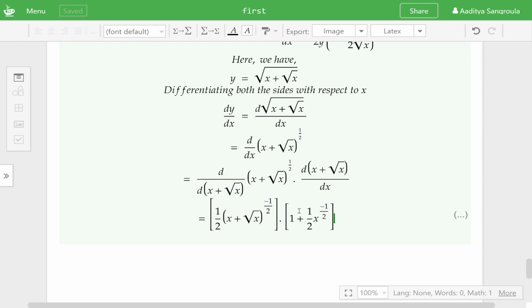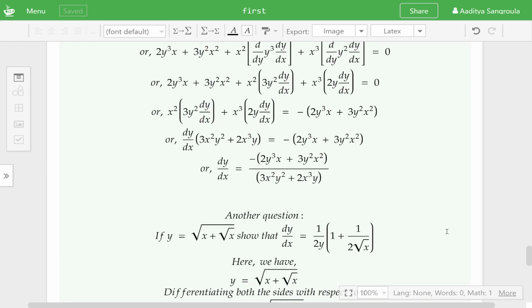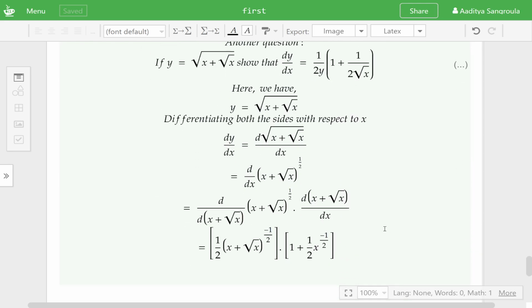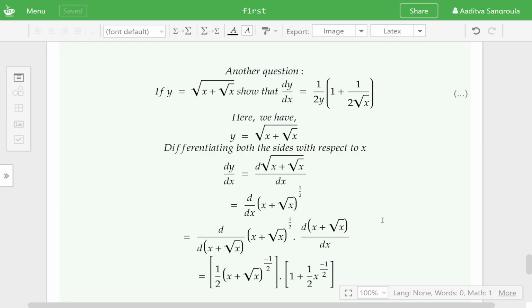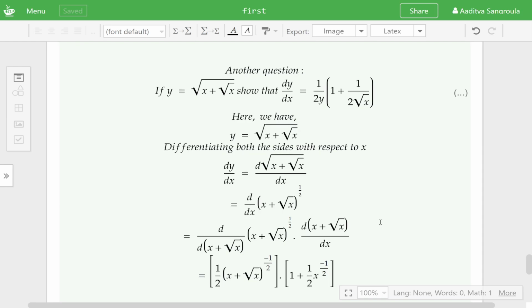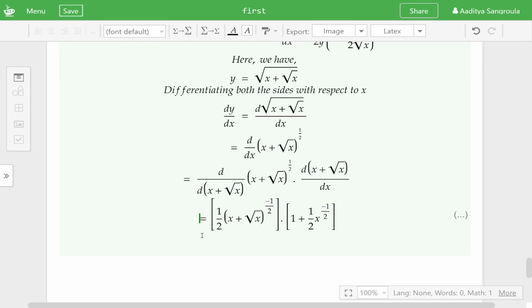And we have come to this part, and now what we have to show is dy over dx. Now we need to show that dy over dx, so we have here dy over dx, right?